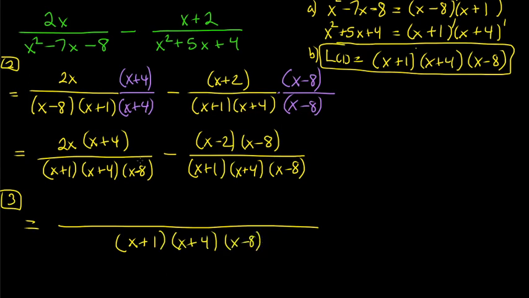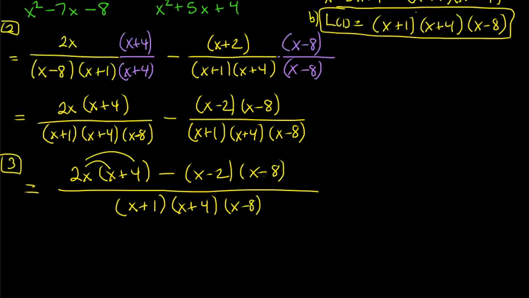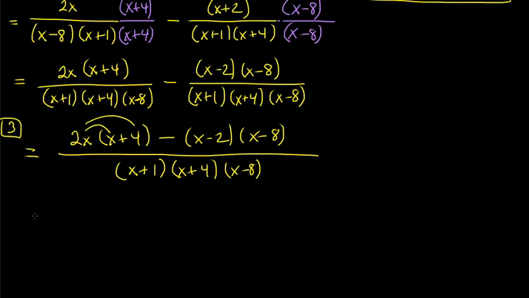Now we just subtract the numerators: 2x times x plus 4 minus x minus 2 times x minus 8. And that numerator, we're going to have to multiply all that out. 2x times x will be 2x squared. And then 2x times 4 will be 8x.